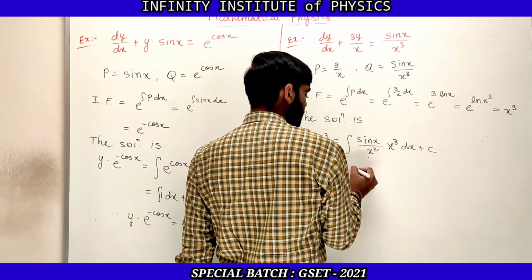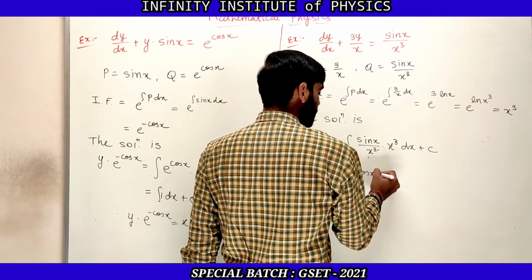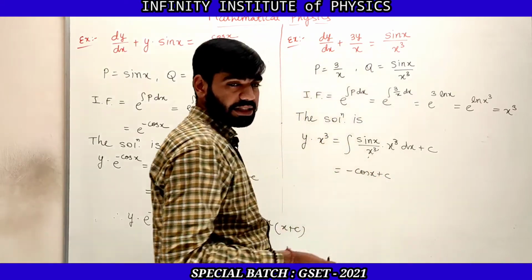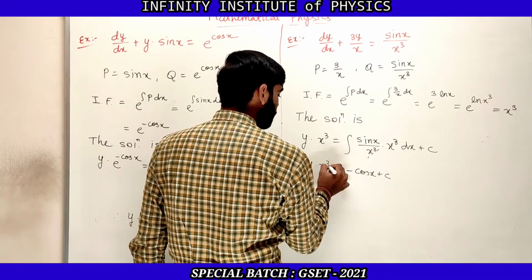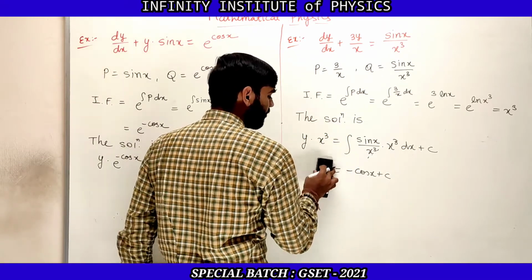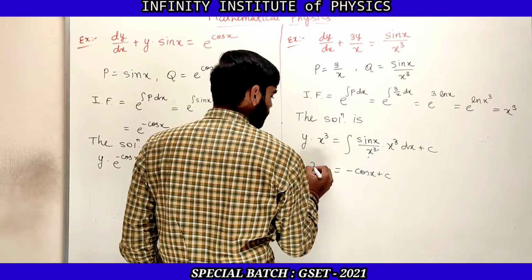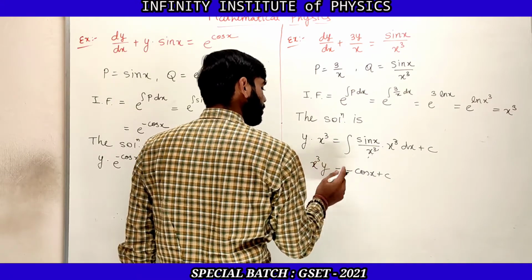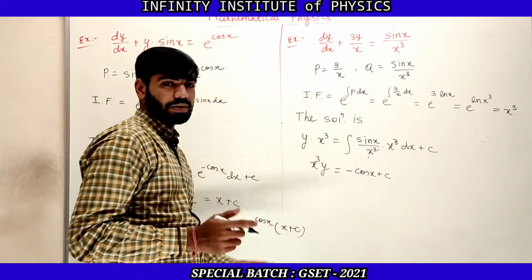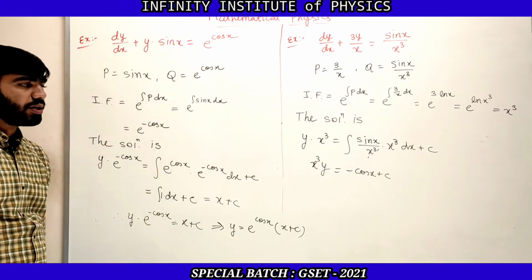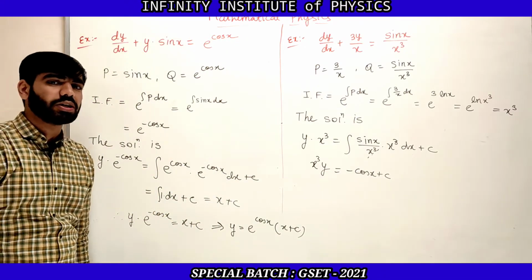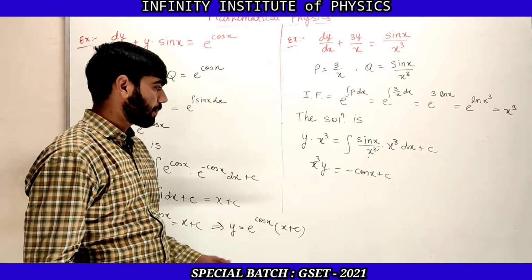Integration of sin x is minus cos x plus c, which is the required solution. So y into x cube, or you can write it as x cube y, is equal to minus cos x plus c, which is the required solution to the given differential equation.